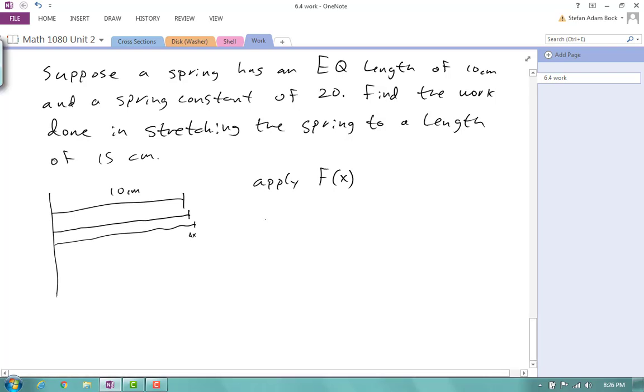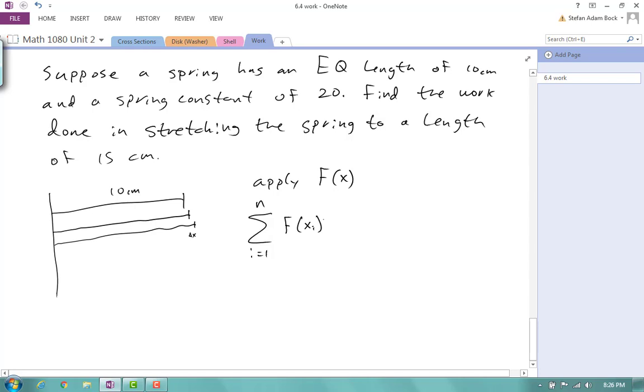So what this looks like is I have the sum i equals 1 up to n. I cut up my interval from 10 centimeters to 15 centimeters into a bunch of little pieces, and I apply the appropriate amount of force for each of those x values, for each of those little pieces. So that's f of x sub i.